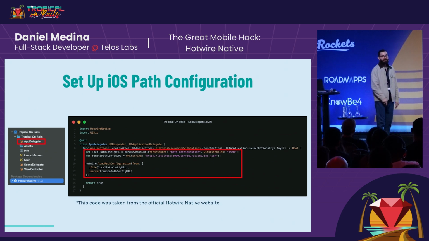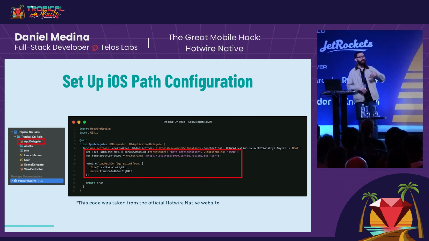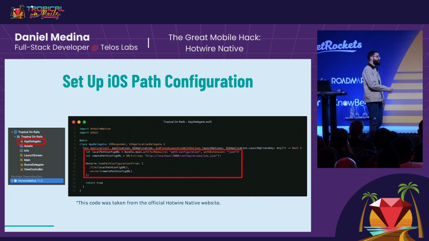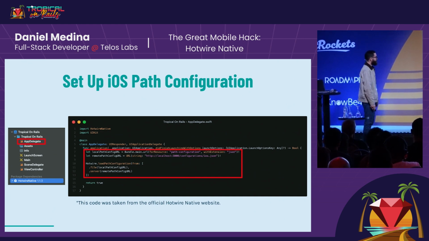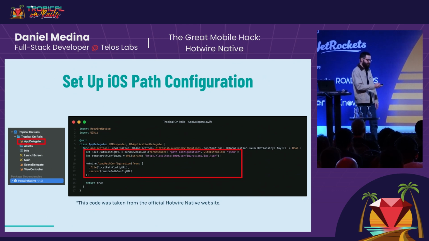And this helps you because if we need to make some change to the path configuration file, if we only have the local path, we will have to add it to the iOS application and then resubmit it to Apple, and it's going to be a pain. So now with this, it's very straightforward. Just modify the endpoint, and the application will get it very easily. And yeah, finally we have to load the path configuration in Hotwire.